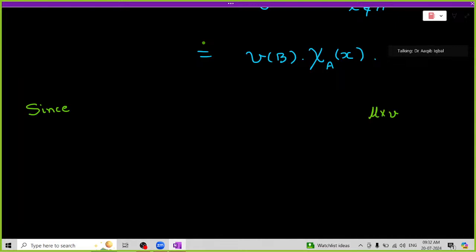The mu cross nu star of E, by our assumption, we know that it's a finite quantity. Now I can also write it as, what is E? E is A cross B. So this is the same as mu cross nu star of A cross B. And A cross B being a simmering member, a product simmering member, the outer measure will be the same as the measure.